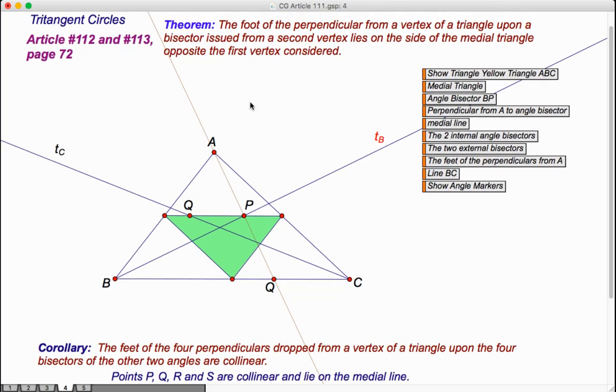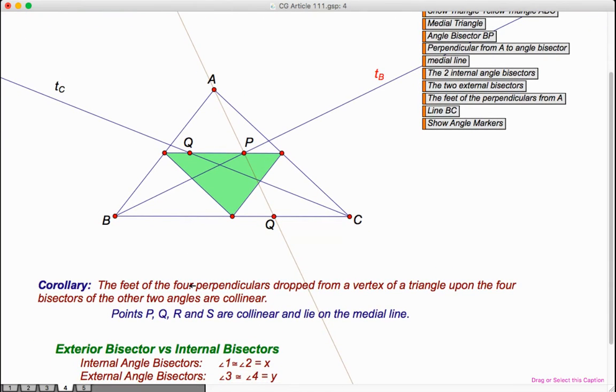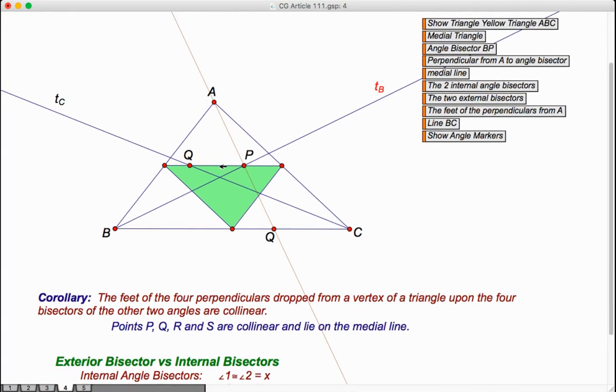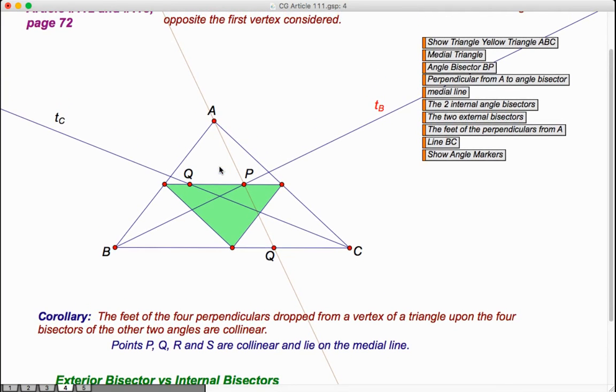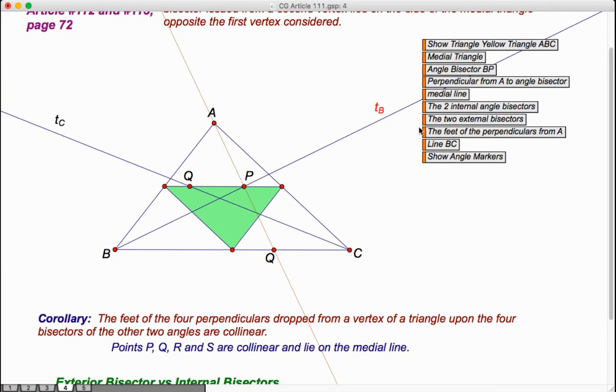But it says here the feet of the four perpendiculars. Wait a minute, these are only two angle bisectors. Do we have other angle bisectors? Yes, we do. Let's consider first line BC, and this is the external bisector of it.